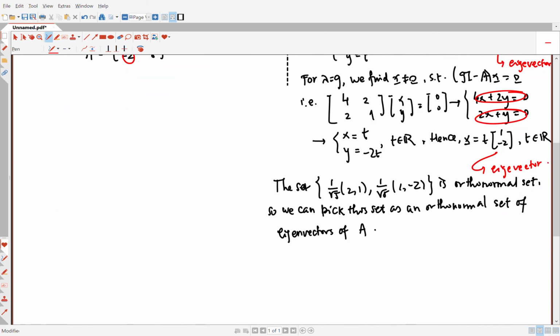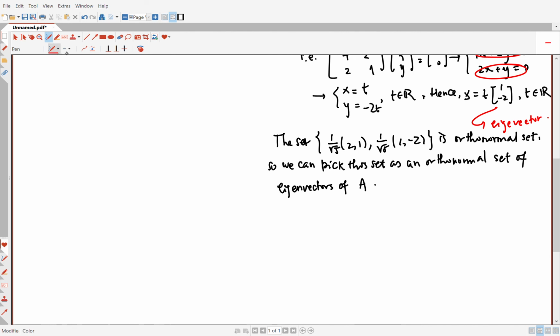After we get this, we just need to write our P. P is just, writing this column-wise, 2 over square root 5 and 1 over square root 5, then 1 over square root 5 and minus 2 over square root 5.